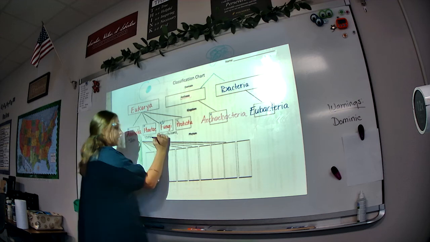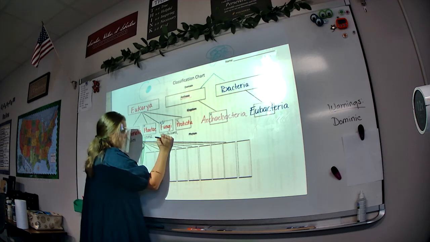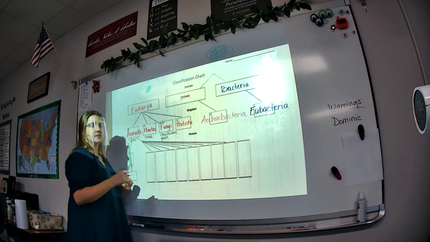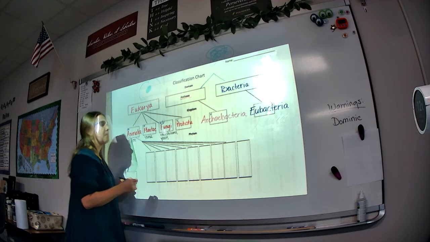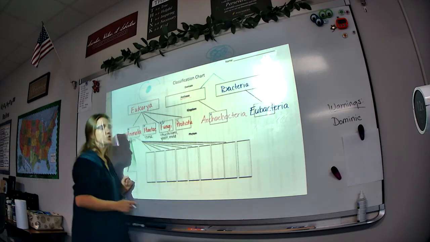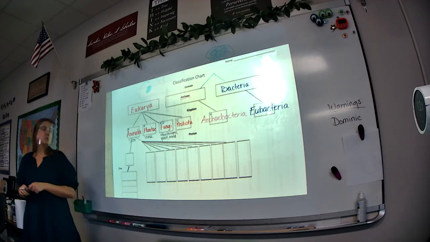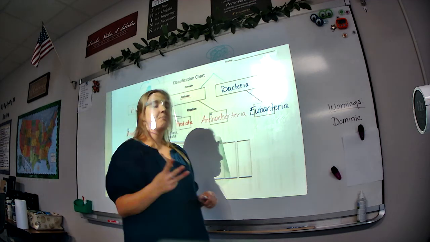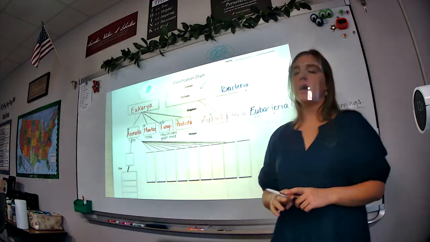Yeast. Remember the last one? This is what you probably get on your bread if it sits out for too long. Oh, mold. Mushrooms, mold, and yeast. Now, protista, we gave three examples as well, but the names are kind of funky.